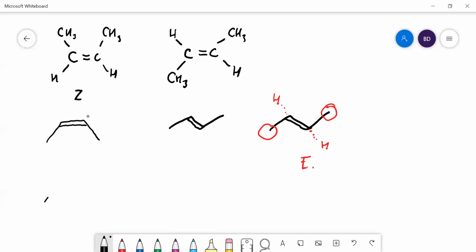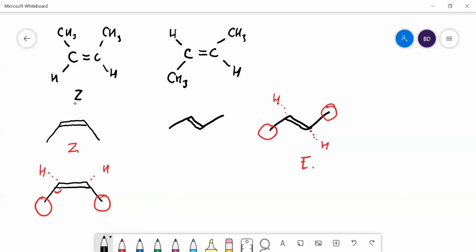So if I draw that again, and put on the invisible hydrogens, we've got a methyl group there, and here's our invisible hydrogen, so they're on the same side. In skeletal formulae, they do have a 120 bond angle, and they've got a 120 angle in the diagram. So that's how you would draw the Z form.